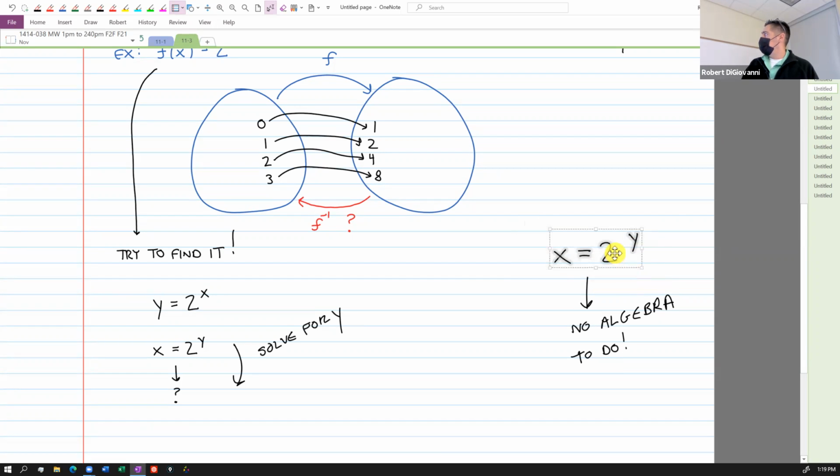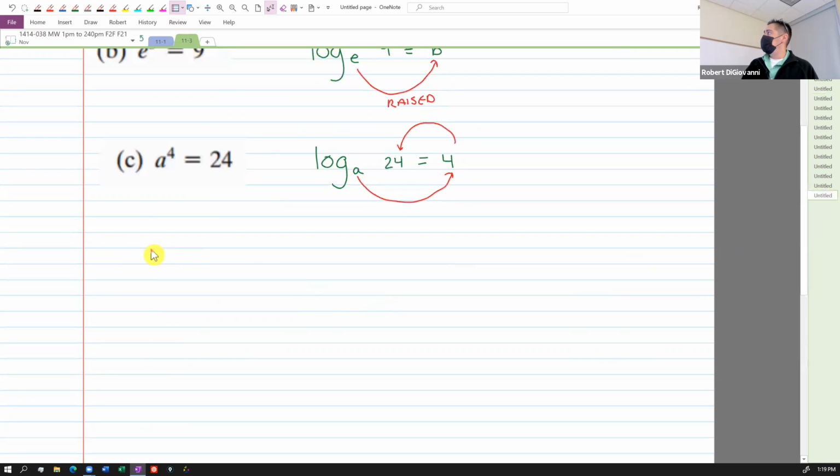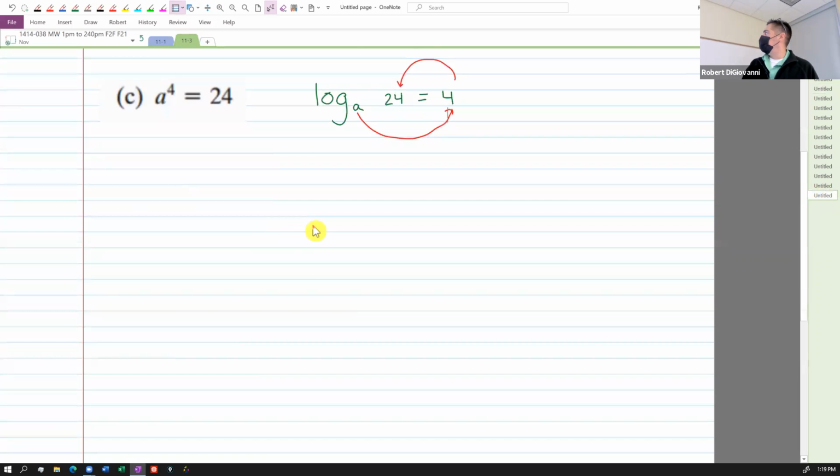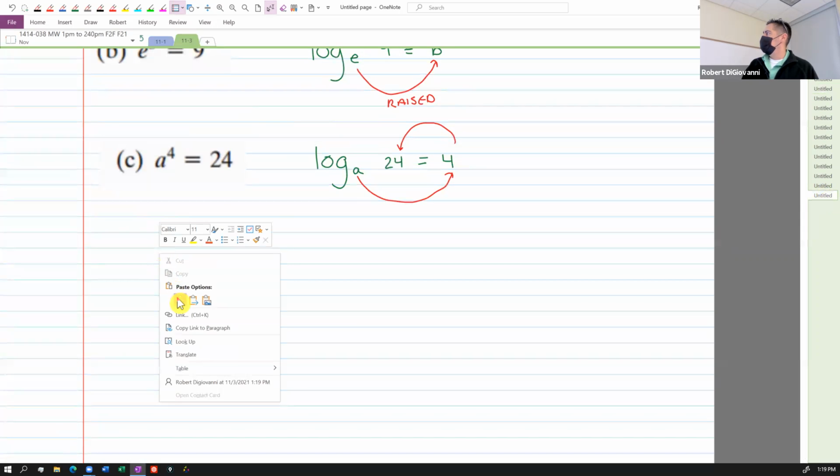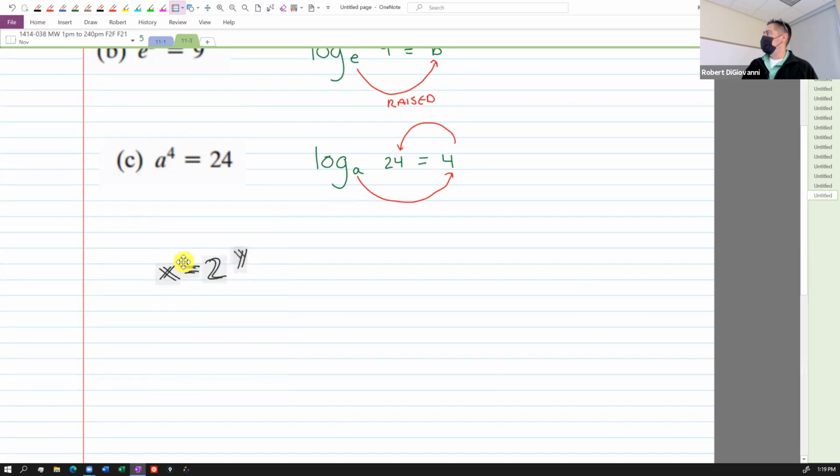However, if I now take this and ask you to put that into logarithmic form, you would write log, and then you need a base and then equals something. You're going to raise that and then come over and put it there.